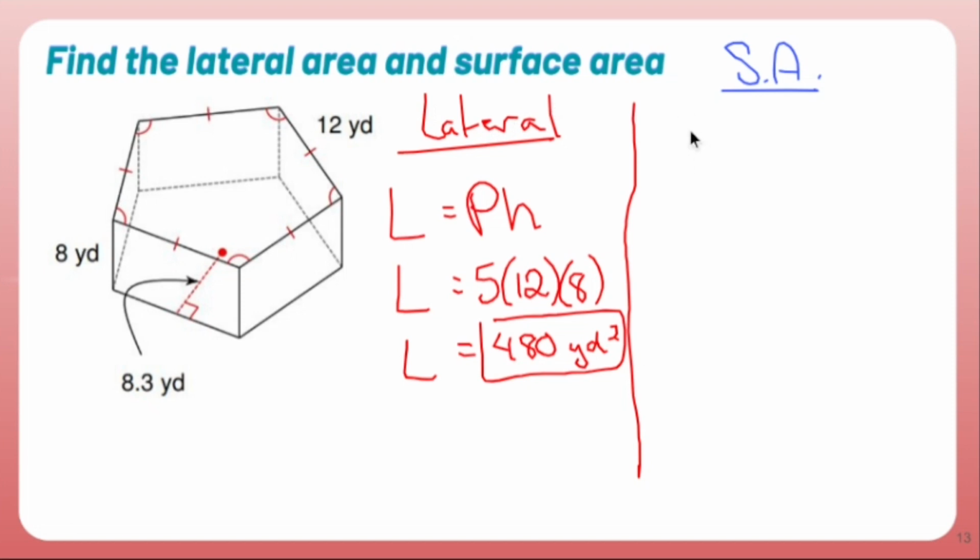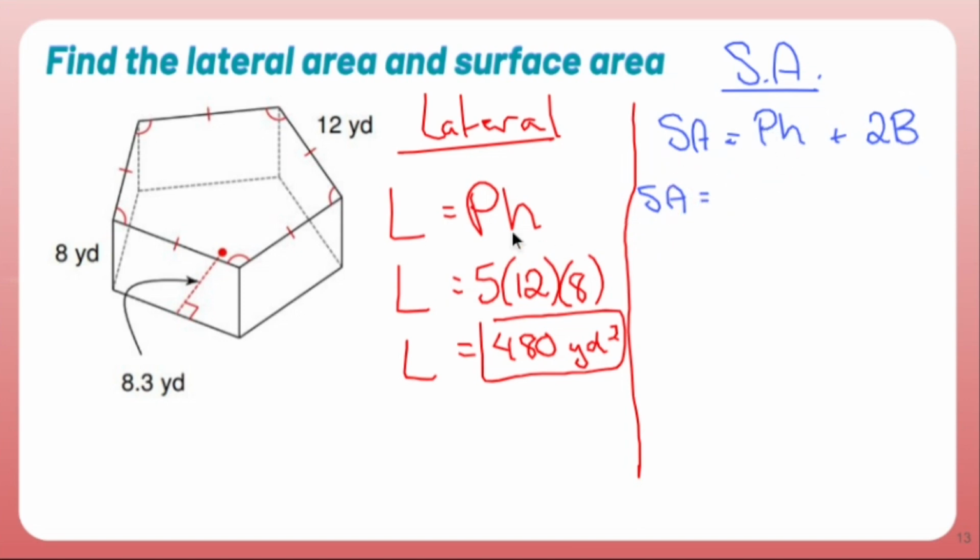Now, for any prism, your surface area is going to be your lateral area, which is nice because I could just kind of replace that, plus 2 times the area of the base. So far, not so bad.